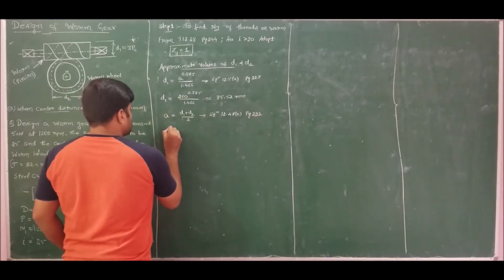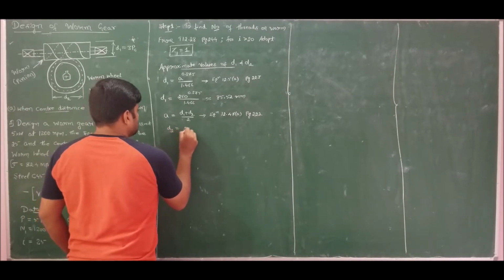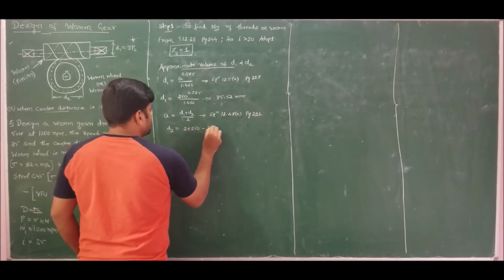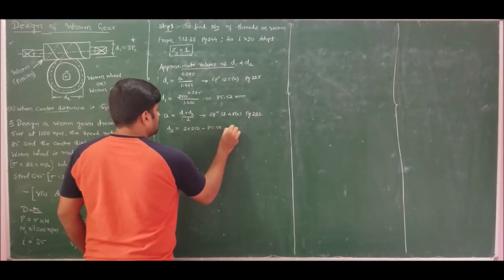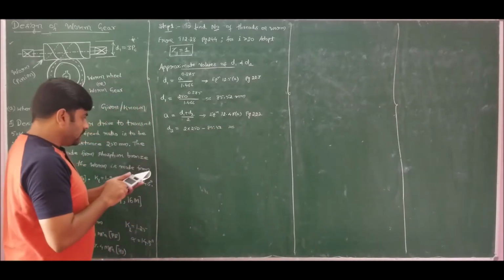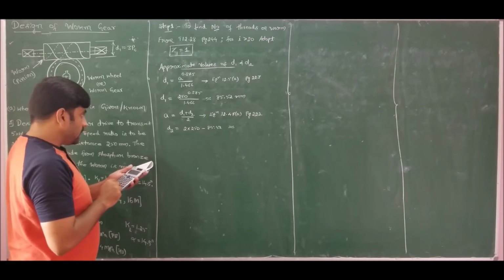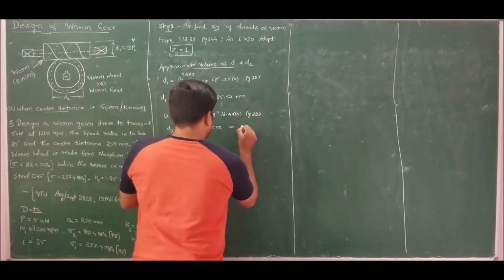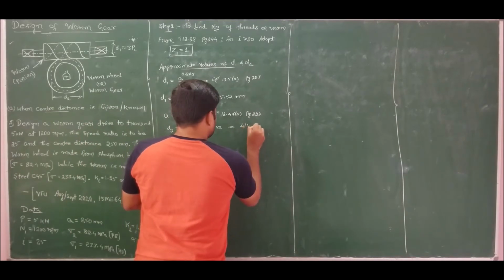So D2 is 2 times 250 minus 85.52, so the approximate value of D2 will be 500 minus 85.52, which is nothing but 414.48 millimeters.